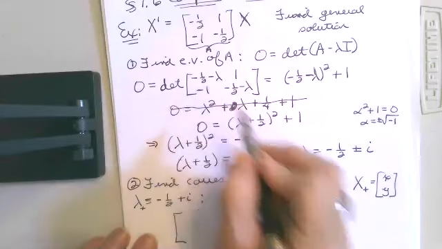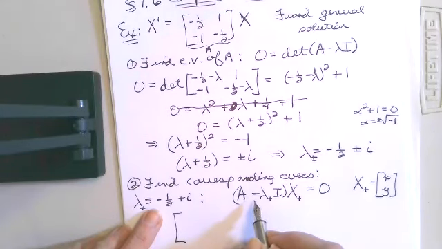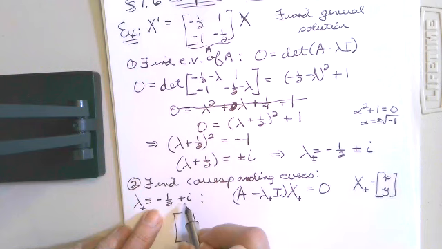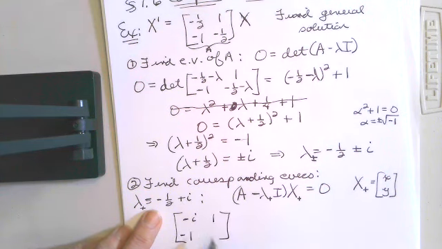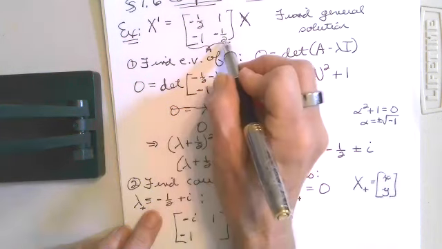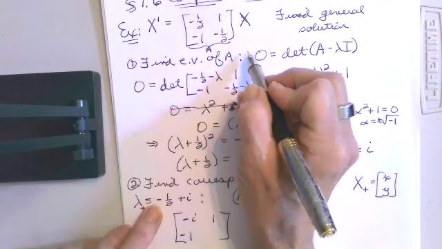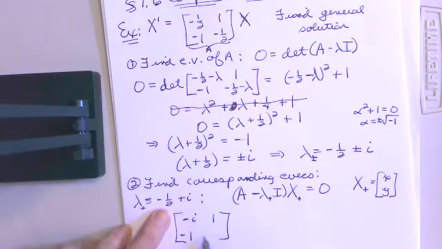So this becomes the matrix minus a half minus a half, so the 1/2s go away, and then you have to subtract i. So I get a minus i, and then in the next term it's 1, and down here it's minus 1, and here again you have minus 1/2 minus a minus 1/2, so those cancel each other out, minus i, times x, y equals 0, 0.